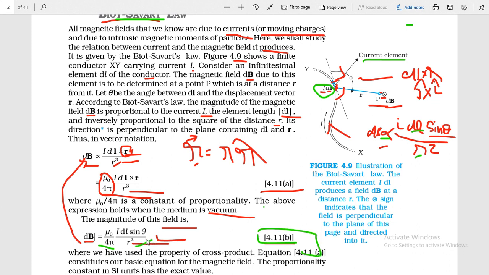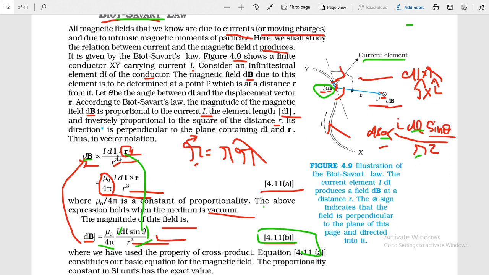But since magnetic field is a vector quantity, in this part you can see dl sine theta, you can write this part in terms of cross product. So you can take a unit vector, dl cross r, or you can represent this in terms of the displacement vector. So the same equation can be represented by this. You can see here dB is proportional to I, then dl cross r.